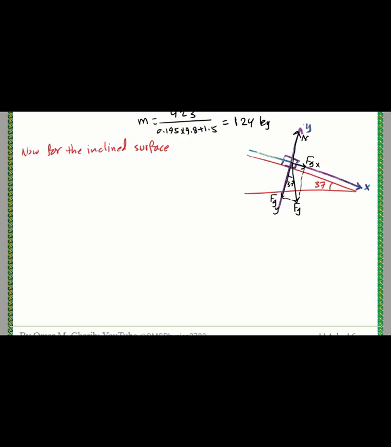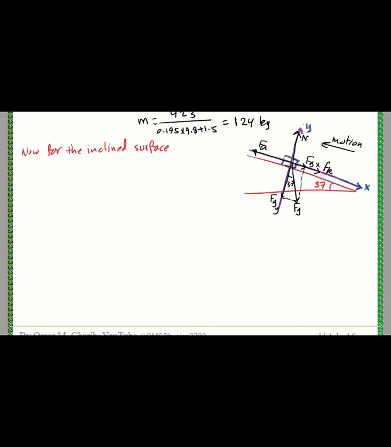Now the least force needed to pull it to the top of the incline should be parallel to the motion or to the surface. This is FA. And the motion is upward. So the friction should be to the right. This is Fk.